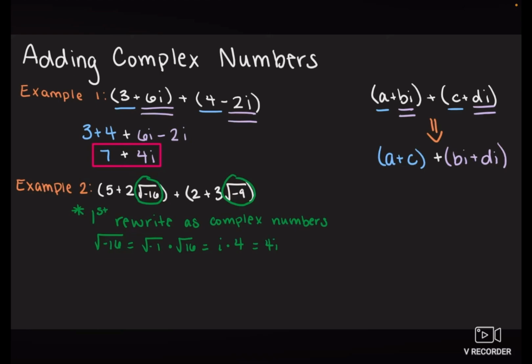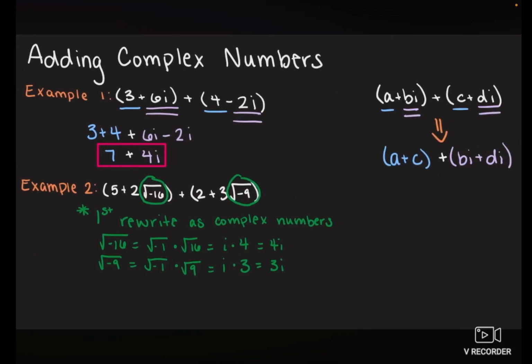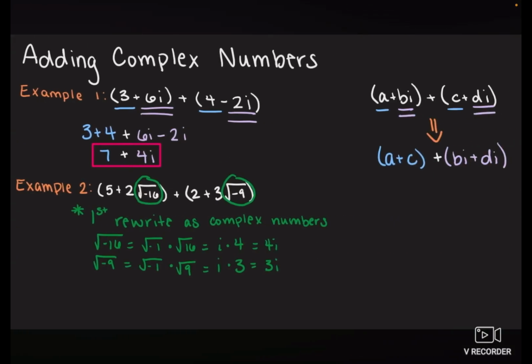The square root of minus 16 is the square root of minus 1 times the square root of 16, which is equal to i times 4, which is 4i. And the square root of minus 9 is the square root of minus 1 times the square root of 9. The square root of minus 1 is i and the square root of 9 is 3. So the answer is 3i.